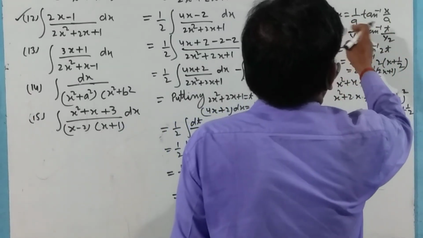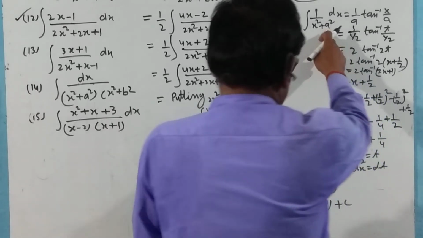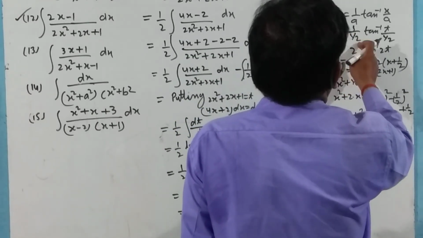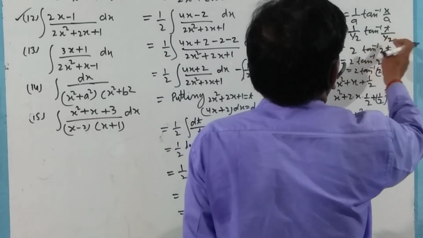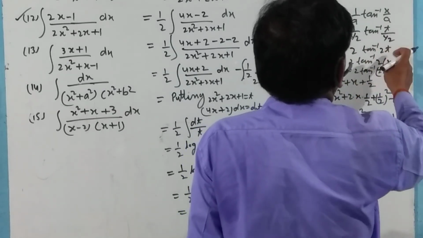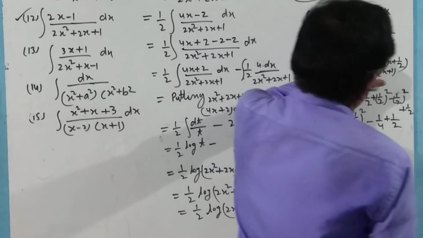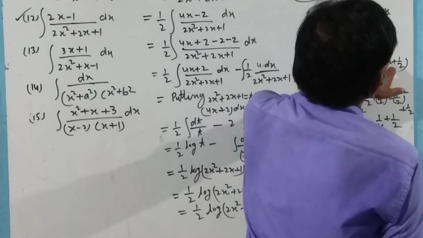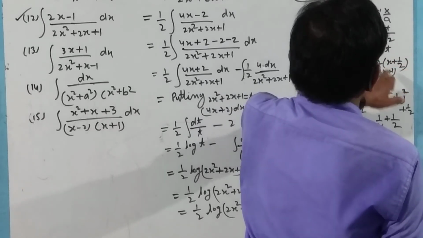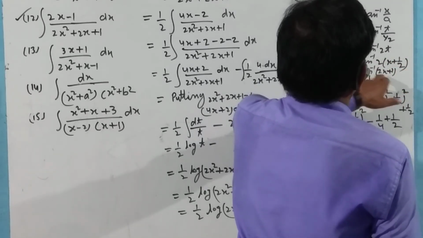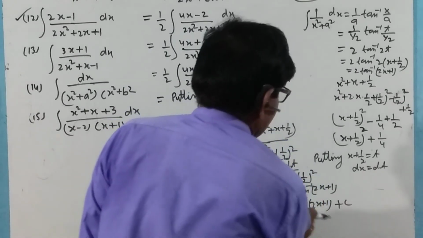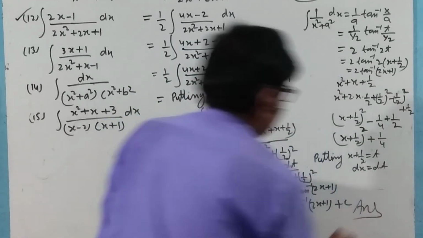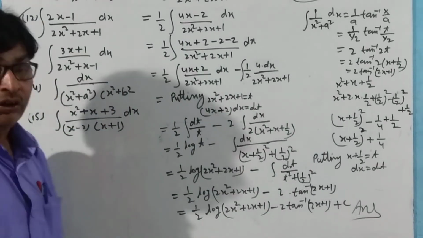In this case a is equal to half, so 1 by half, 2 comes here, tan inverse 2t. Putting the value of t, x plus half, 2x plus 1, and 2 and 2 cancel. This is equal to 2 tan inverse (2x plus 1). This is our answer here.